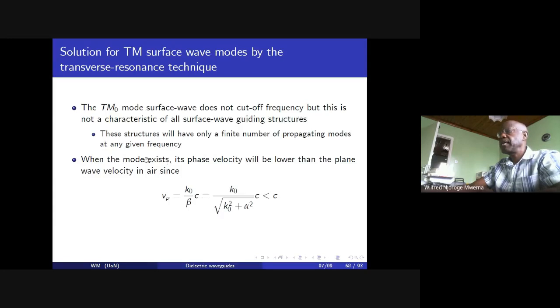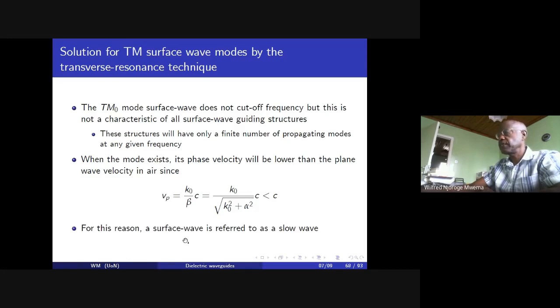And when the mode exists, its phase velocity will be lower than the plane wave velocity in air, because we have that Vp equal to k naught by beta multiplied by c, and this will give us a value of k naught over the square root of k naught squared plus alpha squared multiplied by c, and we see that this is going to be smaller than the velocity in air.